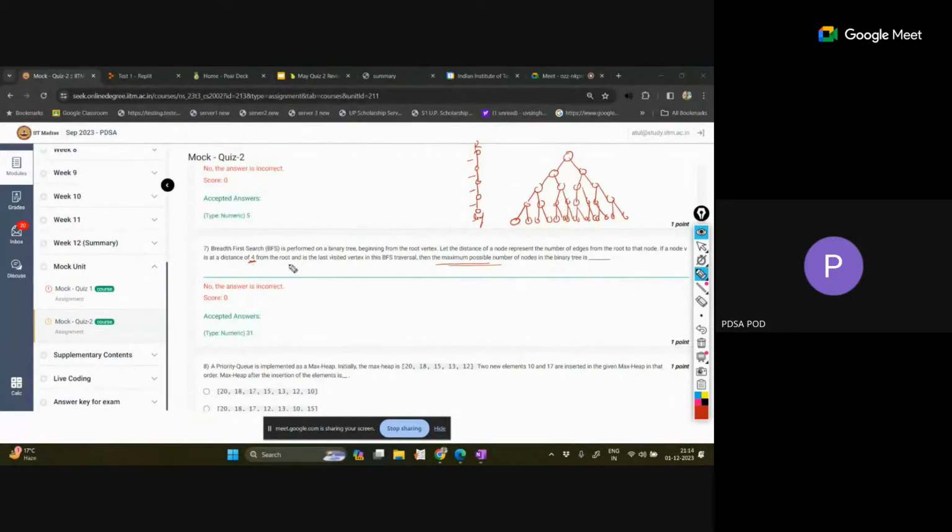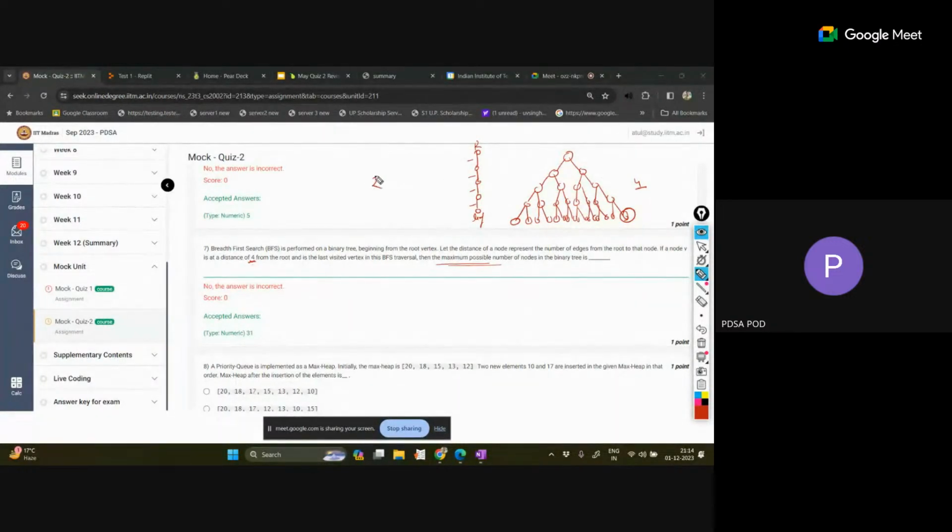And we are saying that the last visited node. Suppose this node is the last visited node, and the distance of this visited node is 4. You can see that the path from root to this last node is 4. So that means this is a full binary tree of distance 4, and we can calculate this like this: 2 to the power, what is the distance?